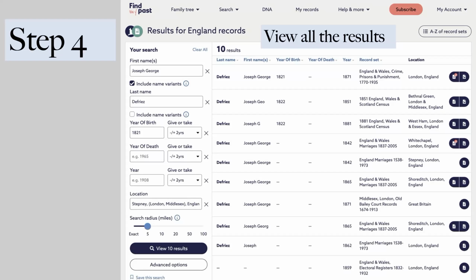And then you can also play around with the name of the location, bearing in mind that Findmypast is working off a standard list in England, of English and other countries that it deals with, place names. And you need to be careful to actually identify the place at the time that your event occurred, understanding also that the jurisdictions, like counties, were realigned fairly recently, in the 1970s, when they realigned a lot of the counties in England.